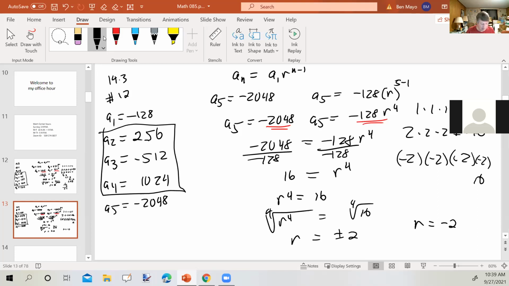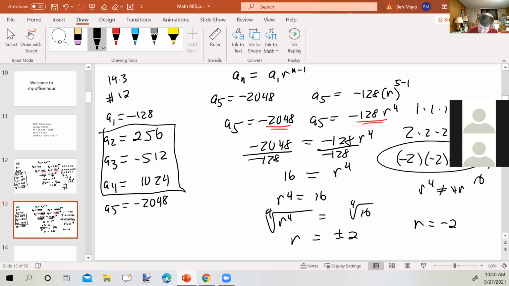All right. Any questions on that before we go on to the next example? Is r to the 4th the same as just plain old r? Say that again. Is r to the 4th the same as 4 times r? No. R to the 4th is not the same thing as 4 times r.